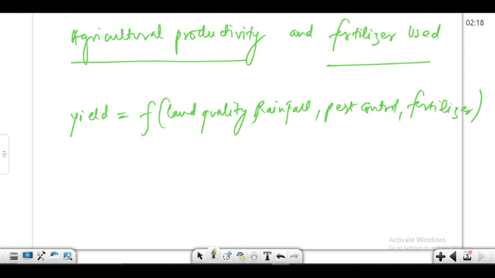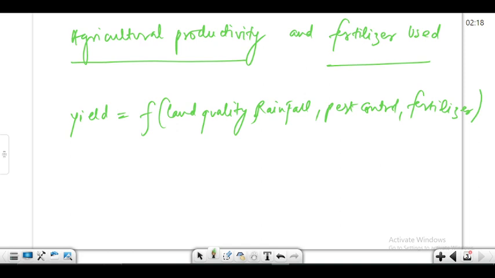When we are trying to test this relationship, we will assume that other factors that might be affecting your productivity or yield are held constant. Your land quality is held constant, the amount of rainfall is assumed to be constant, and the pests that might affect the productivity are assumed to be constant.